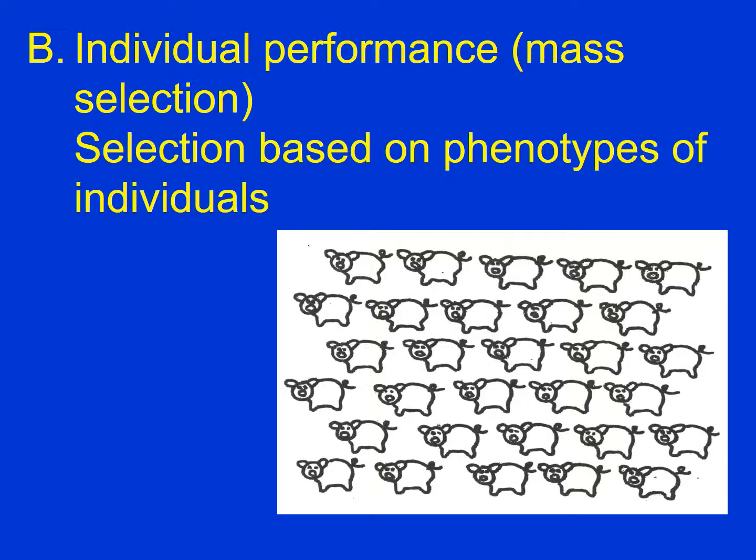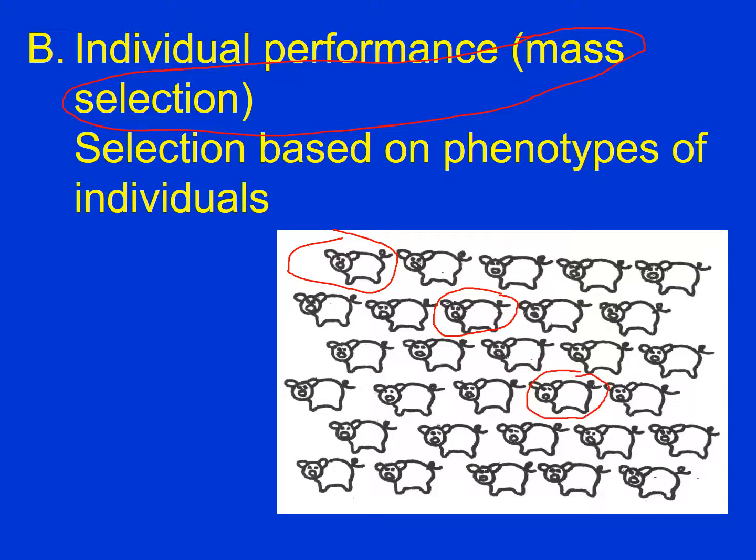Our next basis for selection is based on an animal's own performance. Sometimes it's known as mass selection, because we can have a big group of animals and we select based upon their performance. So here we have a bunch of pigs and we can weigh them at the beginning of a performance period.